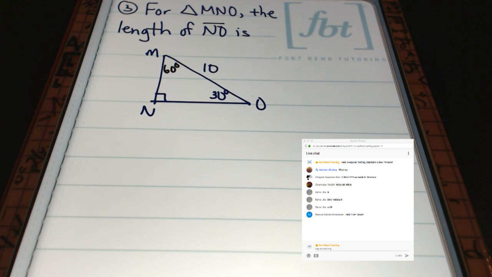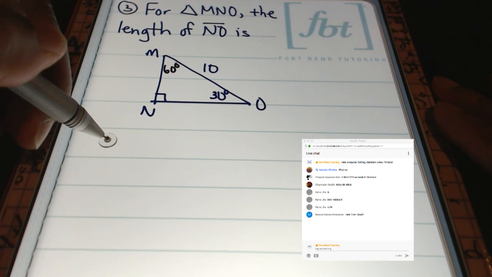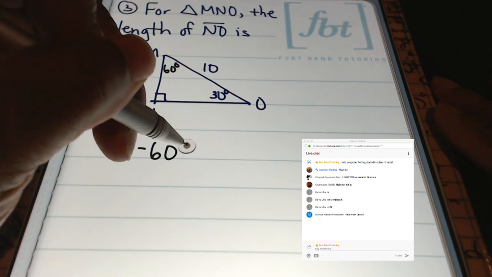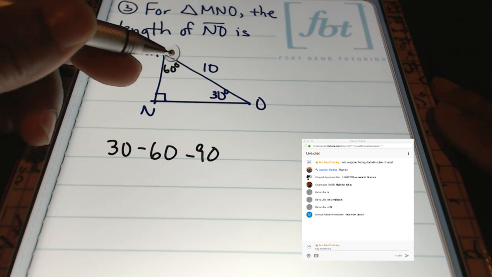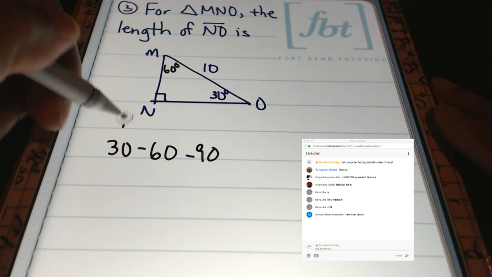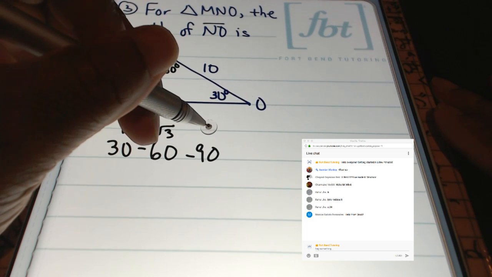And then just to give you guys some insight here, when you're dealing with a 30, 60, 90 triangle, we have a ratio that is going to be played out. For instance, the ratio is 1, square root of 3, and 2.